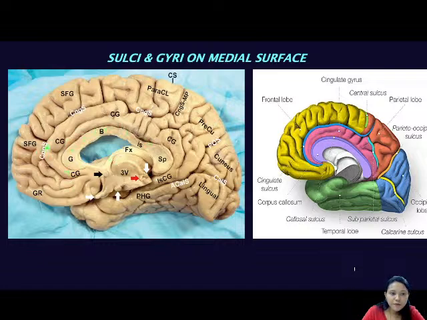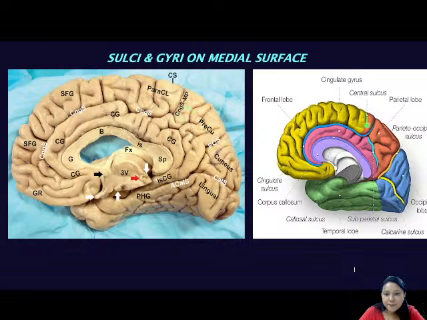Above this you have a gyrus, that is the cingulate gyrus, and above the cingulate gyrus you have a sulcus, that is the cingulate sulcus. As you can see, the cingulate sulcus is sending a twig above, so this area is known as the paracentral lobule.